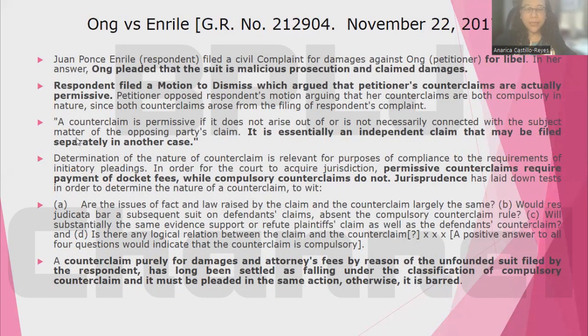Okay, so we have the case of Ong versus Enrile. This is a case involving damages, which was filed by Enrile against Ong. Ong, in his answer, pleaded that the suit is a malicious prosecution and claimed damages. Respondent filed a motion to dismiss, which argued that the petitioner's counterclaims are actually permissive.